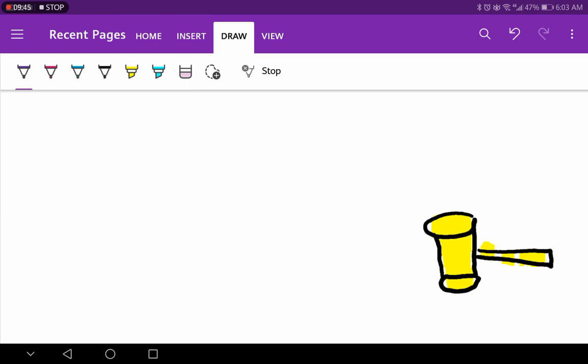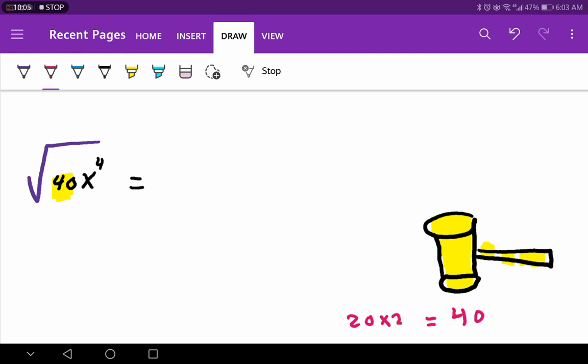What if I have this equation? 40 x with power 4. Good. According to the number, I can use my hammer here. The 40 comes from 20 multiplied by 2. So I will rewrite it again. You have to be patient here, my dear student.